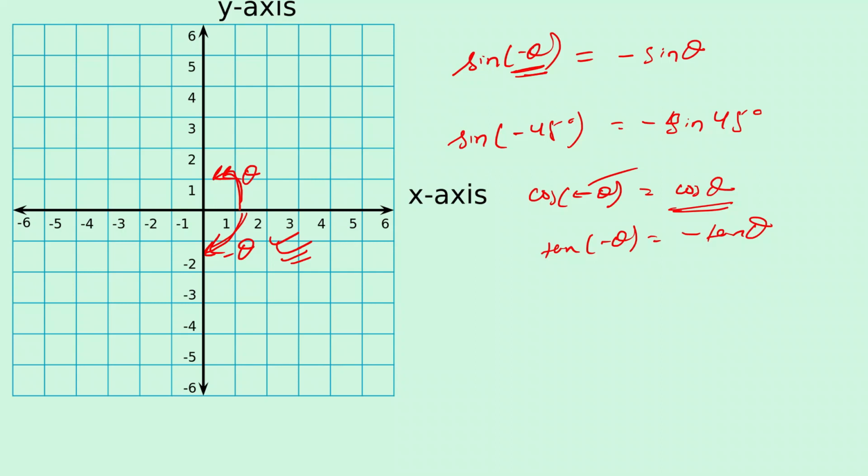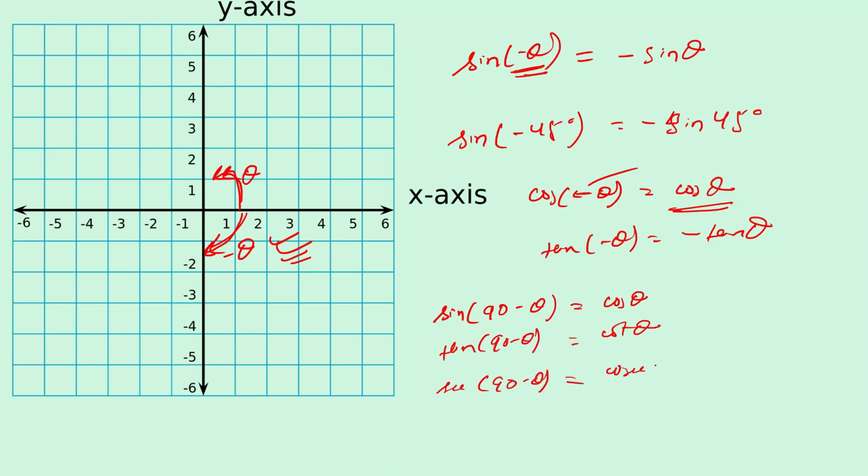Now, some more things that you have to keep in mind. You remember in your class 10th that you used to write sine of 90 minus theta is cos theta. Similarly, tan of 90 minus theta is cot theta. And lastly, sec of 90 minus theta is cosec theta, right?